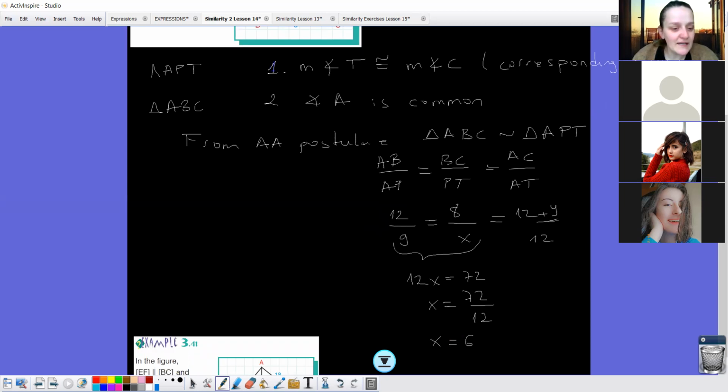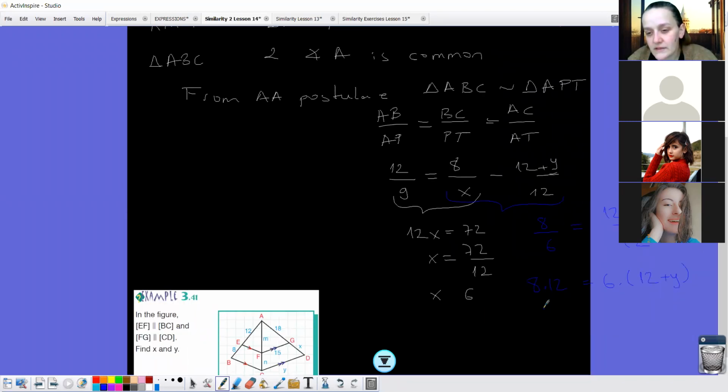And now here, I will take these two. Now I know x, and I can write 8 over 6 is equal to 12 plus y over 12. Then with the cross product, I will find that 8 times 12 is equal to 6 times 12 plus y, and then you will get 96 is equal to 72 plus 6y.